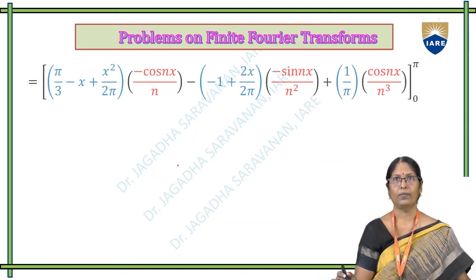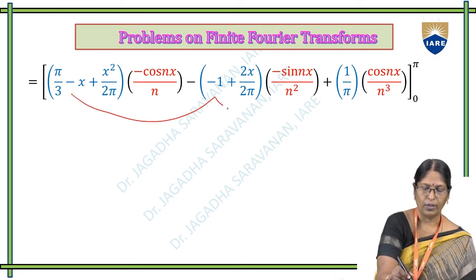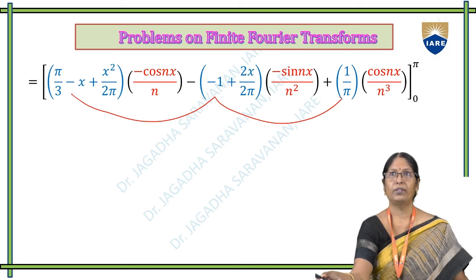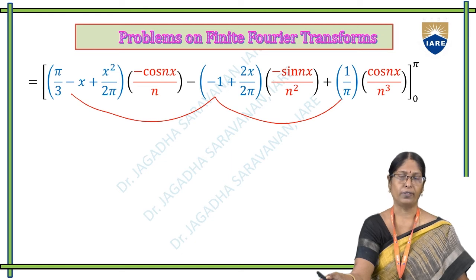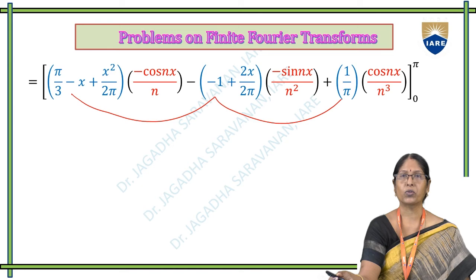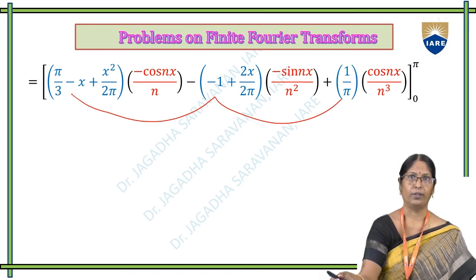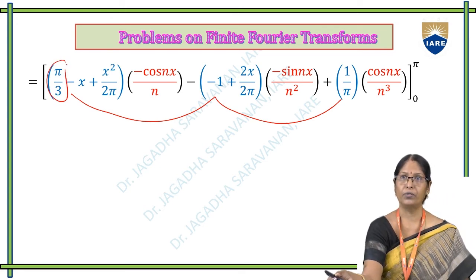So the algebraic one is animated in blue color. The algebraic term is pi by 3 minus x plus x squared by 2 pi. For the differentiation, pi by 3 is a constant, so it is 0.